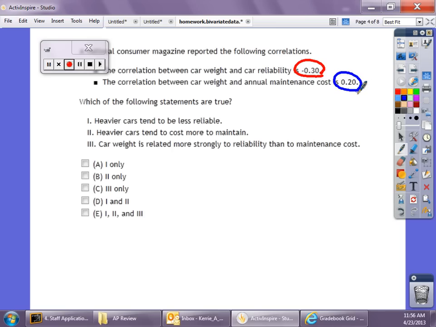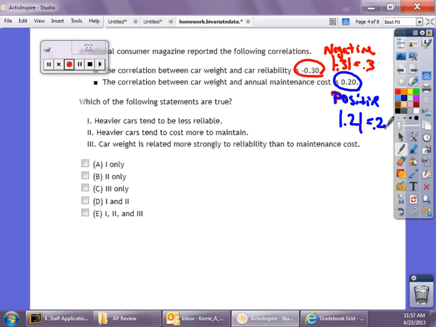So each number really has two pieces of information. This one is negative, and the absolute value of the relationship is 0.3. This one is positive, and the absolute value is 0.2.